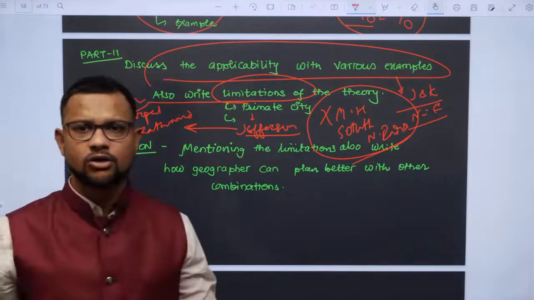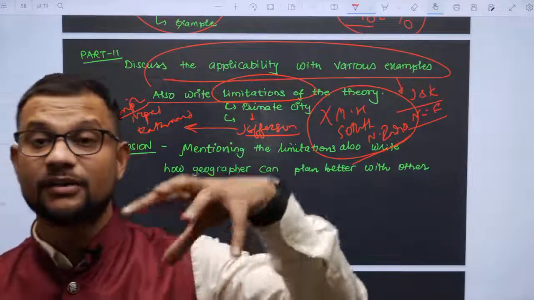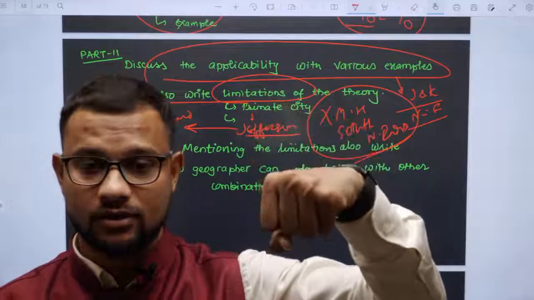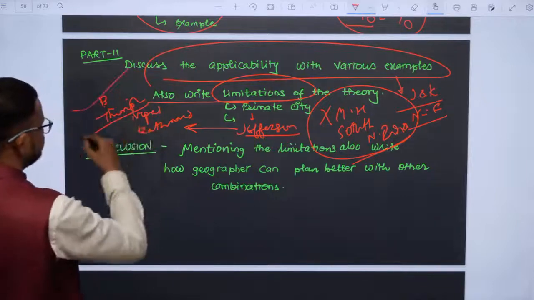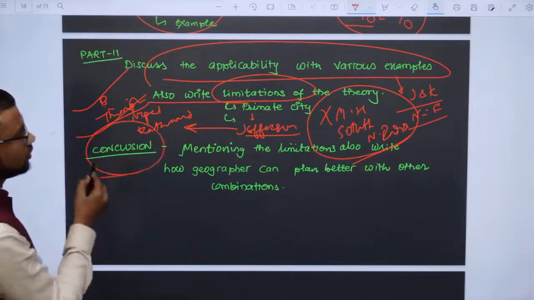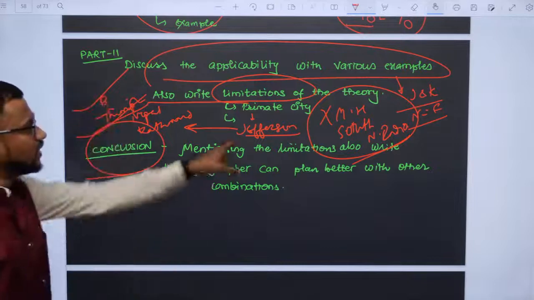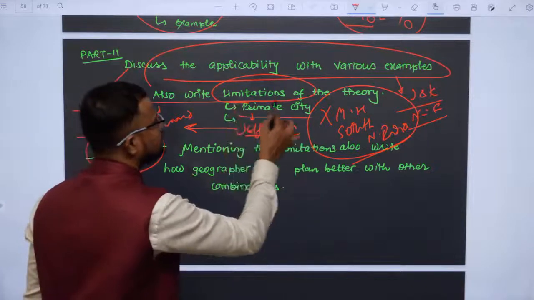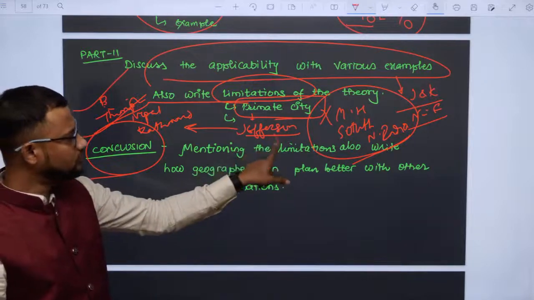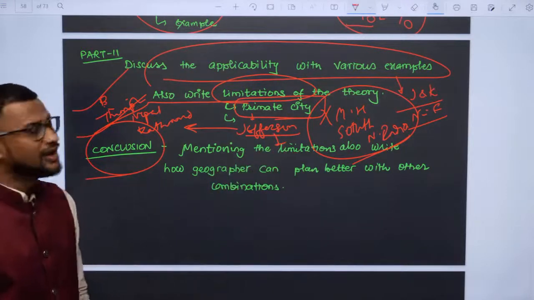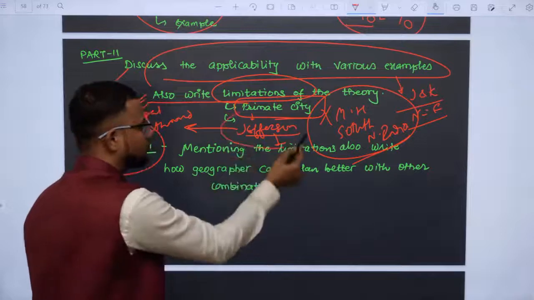Others we are not aware of, and that makes a primate city, primacy. So this makes limitations easier to write, and the primate city concept was very critical of the Zipf model, so you can write it accordingly. Jefferson was a student of Vidal, so you can show you are aware of this also.